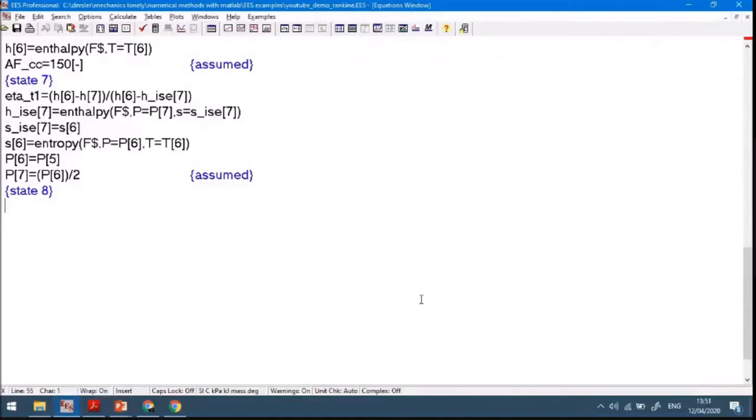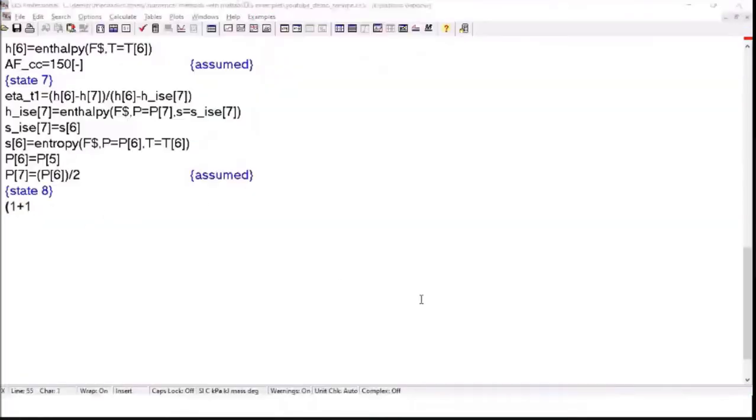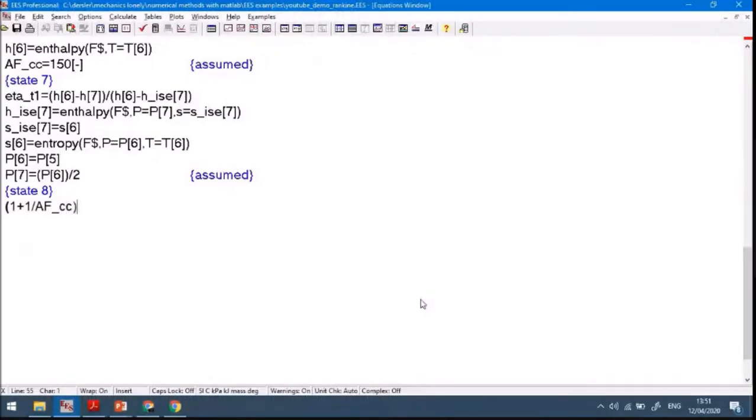Let's go back to here and write the energy equation. So 1 divided by AF of combustion chamber into enthalpy at 7 plus 1 by AF of reheater into HC will be equal to 1 plus 1 by AF of reheater plus 1 by AF of combustion chamber into enthalpy at 8.